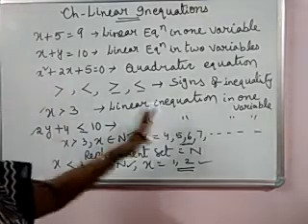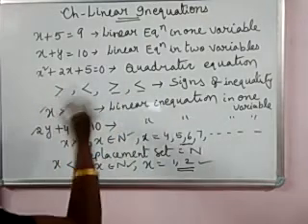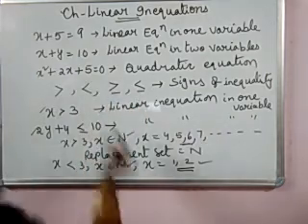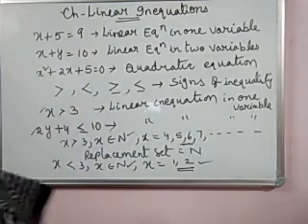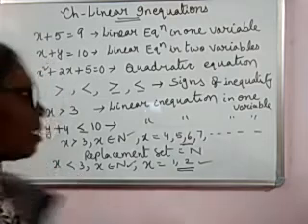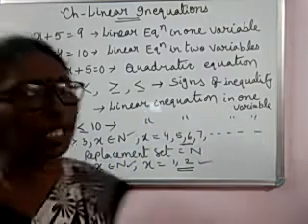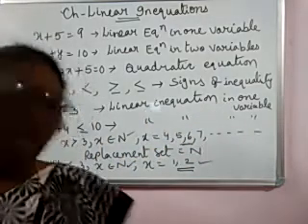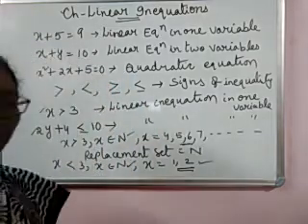So linear inequation means if between two statements or algebraic expressions you have either of these signs, that is said to be an inequation. If there is only one variable, that is a linear inequation in one variable, which is there in your syllabus and you are going to learn in detail.